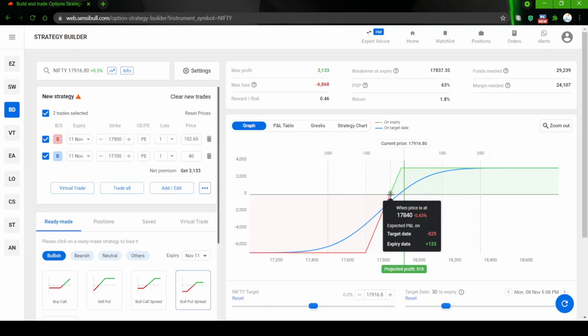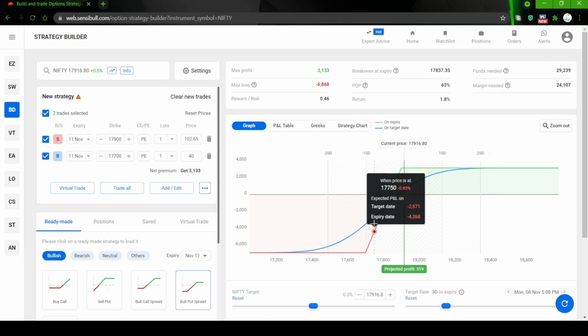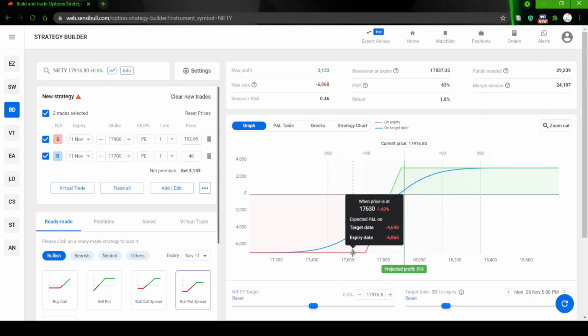The loss will start happening when the market goes below 17,840. As it comes down from 17,840, the loss will keep on increasing, but it will not be the maximum loss. The maximum loss happens when the market goes to 17,700 or below.